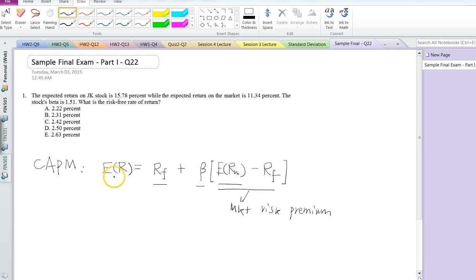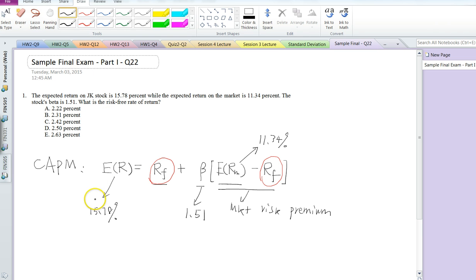But now the question gives you the expected return on the security, 15.78%, beta, 1.51, and the expected return on the market, 11.34%. What is now unknown is the risk-free rate. This becomes a one equation, one unknown problem, so we can solve for this unknown.